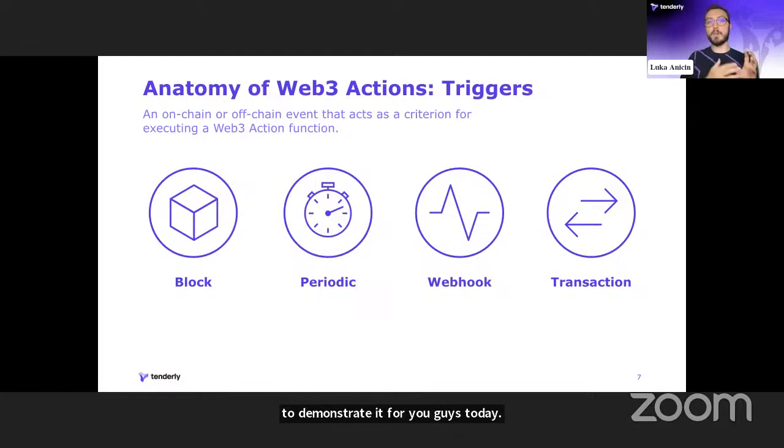In this case, we are going to wait and listen for events emitted from your Solidity contracts. So once your Solidity contract emits some event, our system will recognize that and say, hey, let's run this piece of code that we defined as a Web3 action. And this is the transaction trigger that we are going to use. And that's, in my opinion, as I said, one of the most interesting usabilities of our Web3 actions feature.